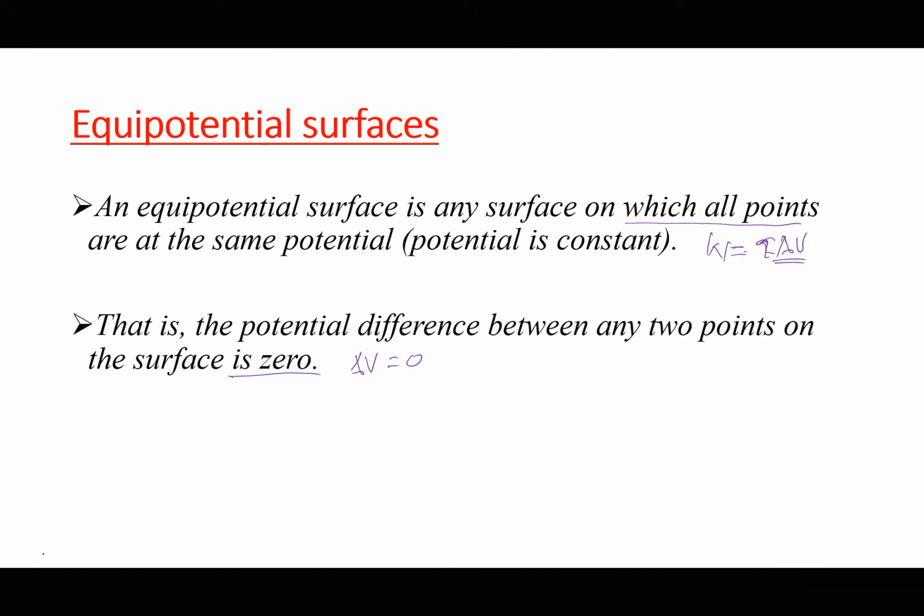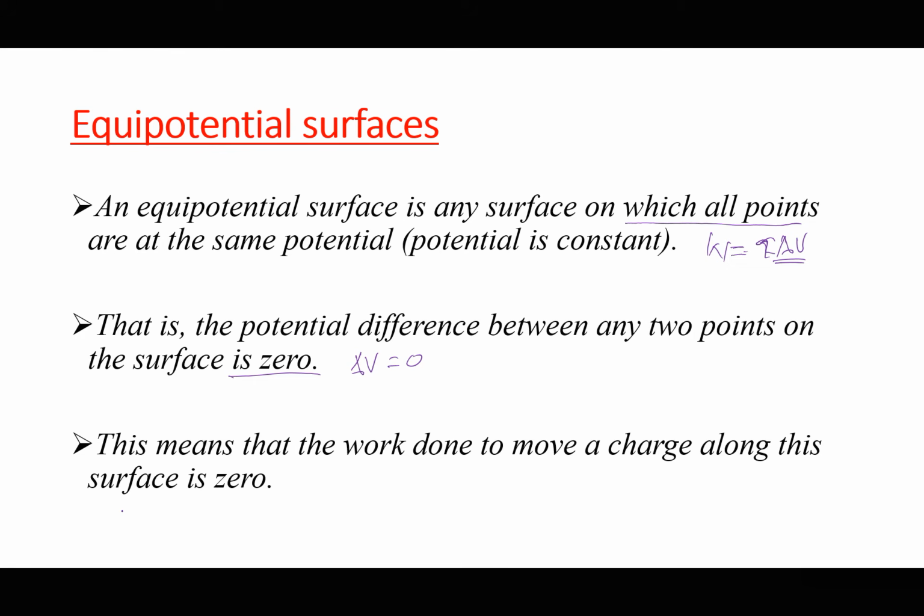And if that is true, then the work done to move a charge along this surface will always be zero. That's what we call an equipotential surface. We talked about equipotential surfaces in gravitation, and we said they can be considered the same way we look at contours on maps.